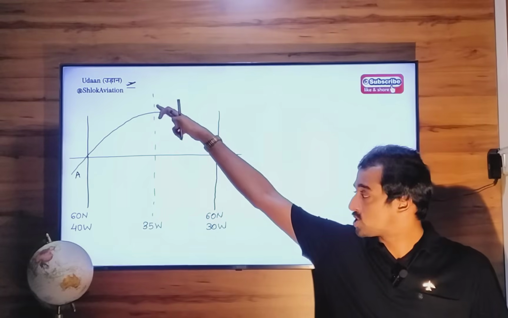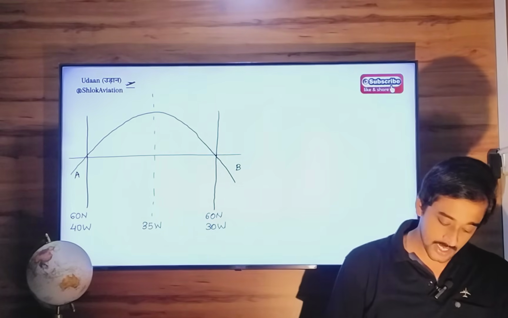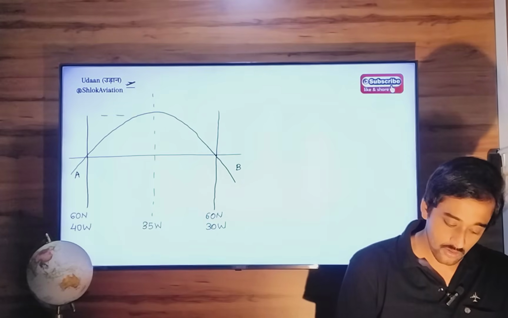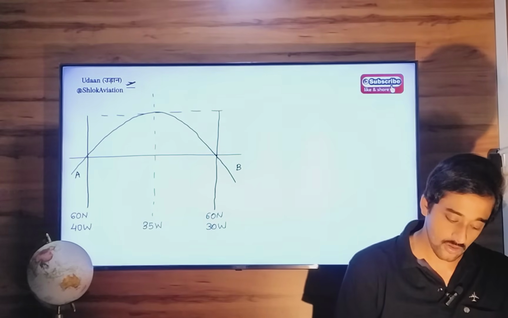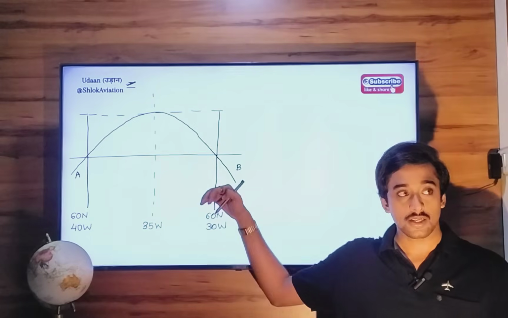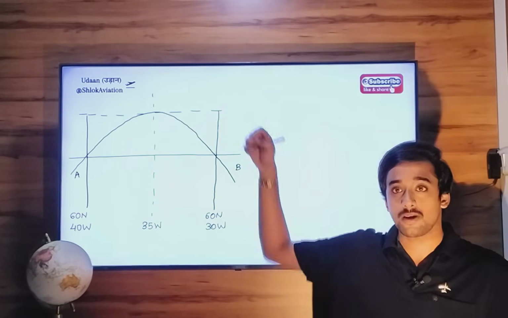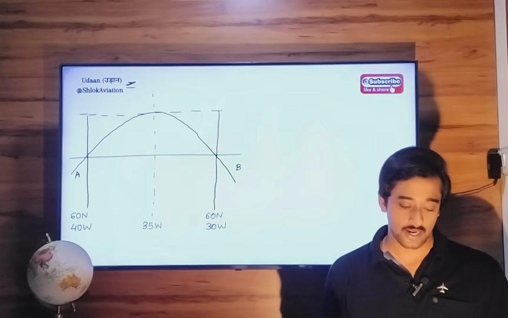We know the longitude, 35 west. The latitude will be more than 60 degree north. By what amount, we have to find out.